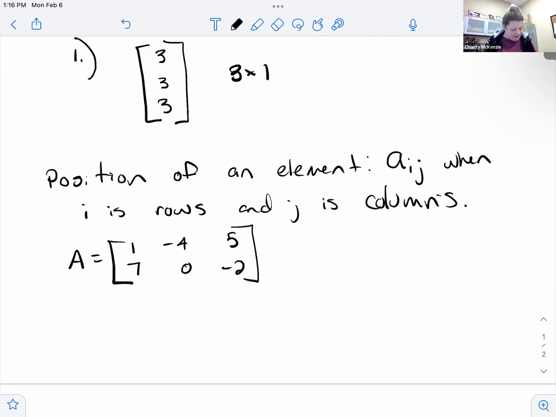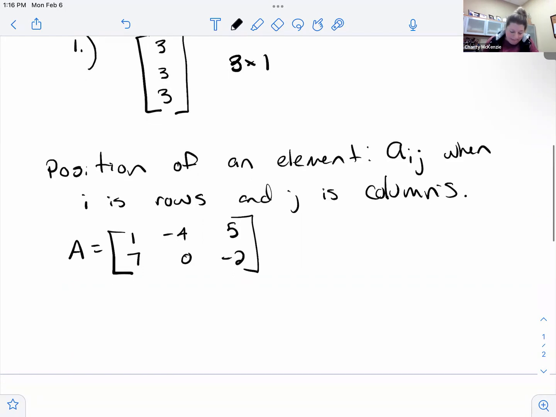So what position is in A11? Looks like 11, but it's not. It's 1, 1. It's row 1, column 1. So do you see that that's the number 1, right? So I'll circle that one. It's this one, right? 1, 1.